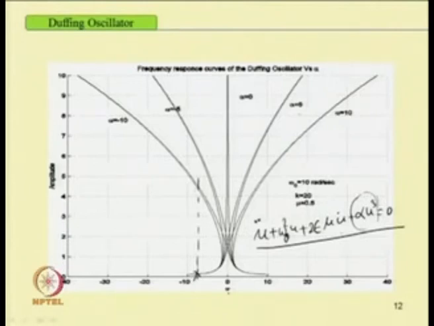Due to the presence of these multiple solutions, we should know what the system response will be at that frequency. It depends on the initial conditions that we have taken. Depending on the initial conditions, it will have either this value or this value or this value, and whether these responses are stable or unstable, one should study.